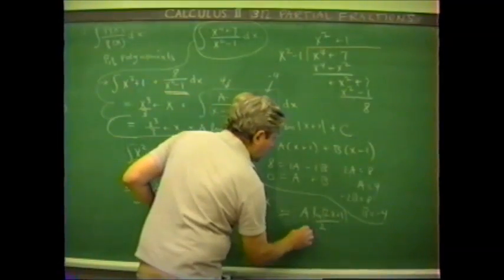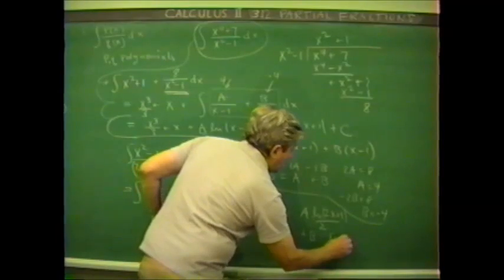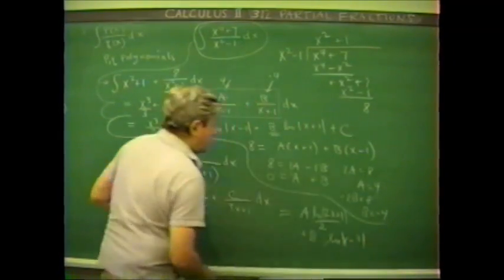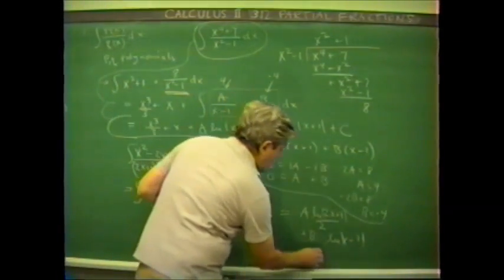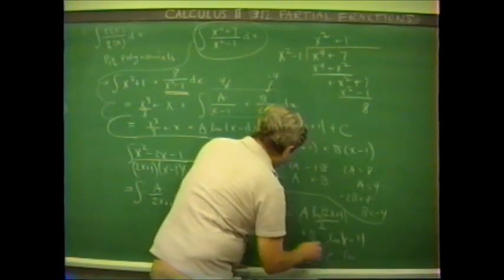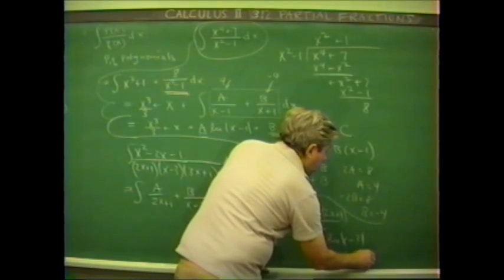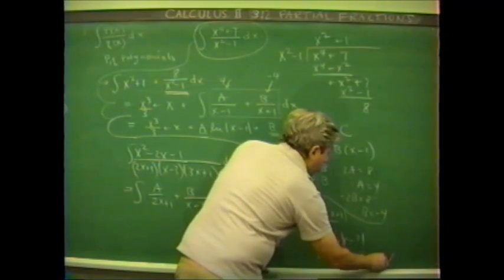Plus b log absolute x minus 3 plus c log absolute 3x plus 1 over 3.